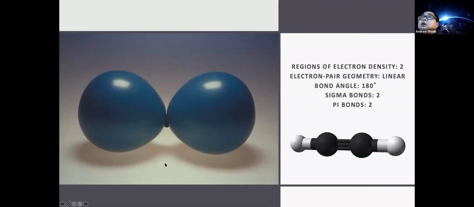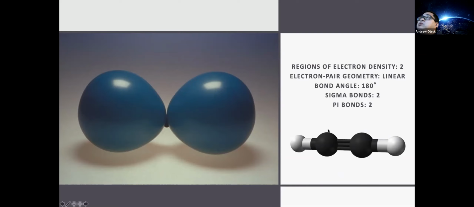So if I have a central atom in the middle, let's say here, I have two electron groups around it, 1, 2. If you look at this atom, 1, 2. So this geometry is linear because it looks like a line. And the bond angle of a line is always 180 degrees. And then when we have something like this, a triple bond, we have 2 sigma bonds because there's one single bond here and a single bond here.